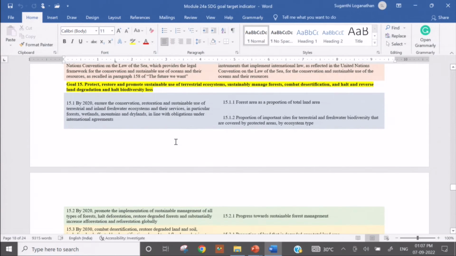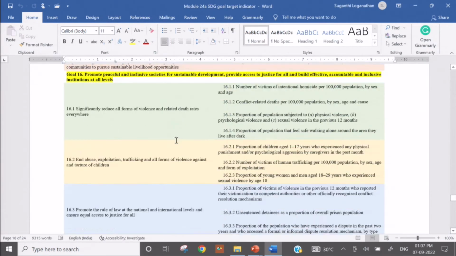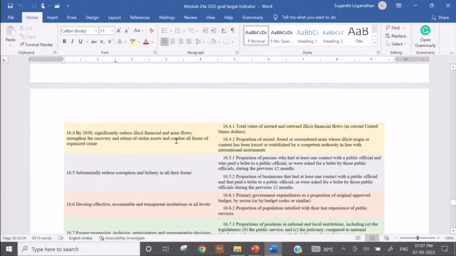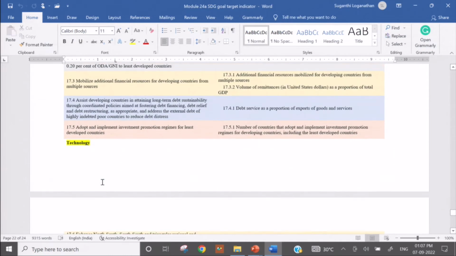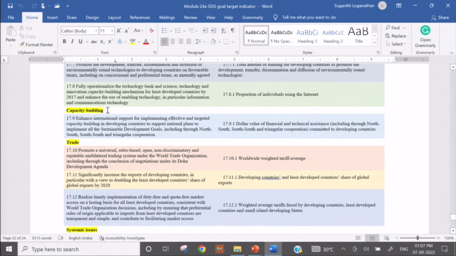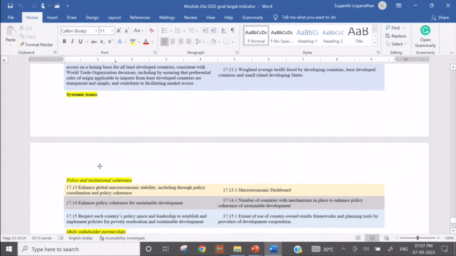When we take Sustainable Development Goal 17, they have categorized it further as finance target, technology target, capacity building target, trade target and systemic issues.